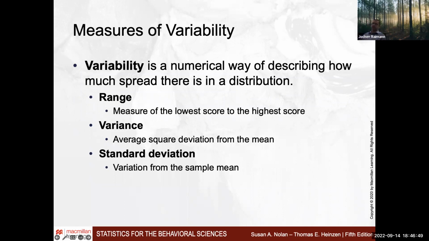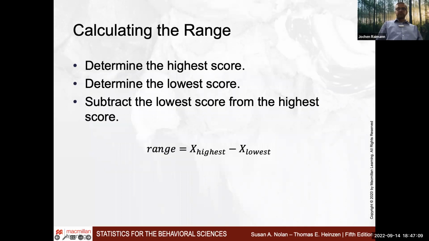Now, in addition to that, we're looking at variability, the variability around that central tendency. We will be talking only about 3 markers of variability, which are the range, the variance, and the standard deviation. Range is simple. The range is the simplest of those.